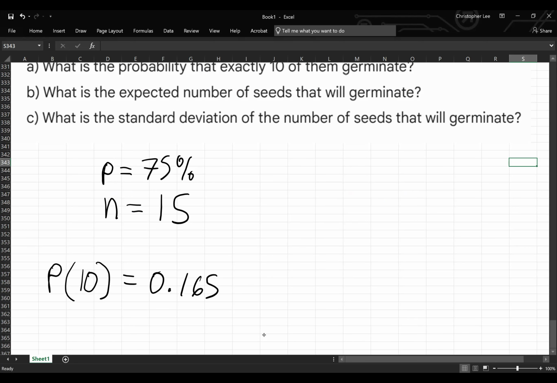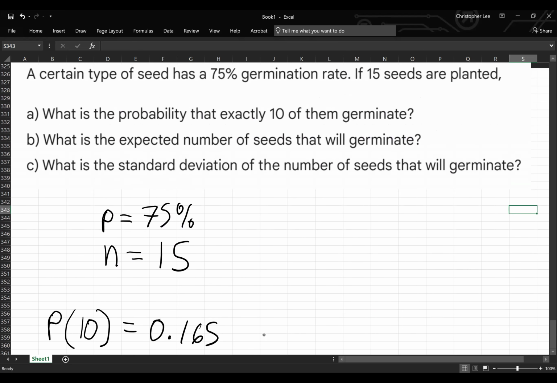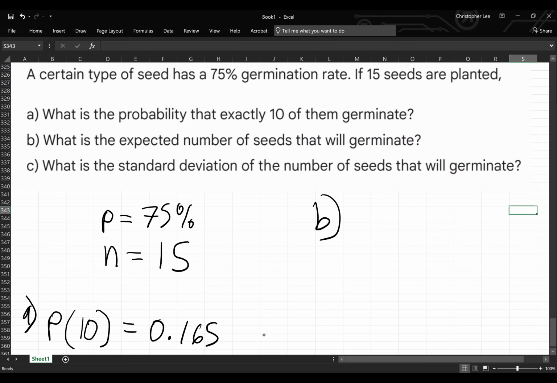I've got to try to remember that. So you know P equals 0.75 because it was given. This is what you're supposed to know for this question.